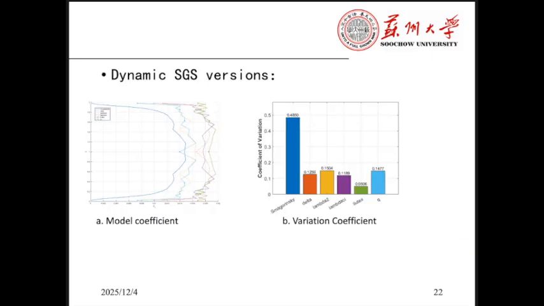Here are the model coefficients from the dynamic version of the vortex-based subgrid models. The model coefficient predicted by the dynamic procedure shows that the Liutex coefficient is almost the same whether near the wall or away from the wall, and its variation is the smallest of all the models.